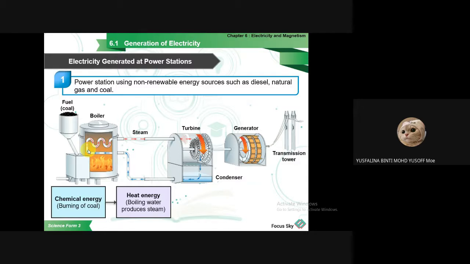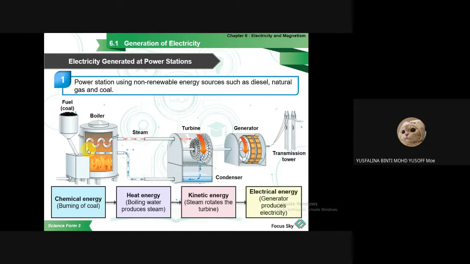Anything that moves will produce kinetic energy. So the steam rotates the turbine, it starts to move, so it has kinetic energy now, and then this kinetic energy will be turned into electrical energy by the generator.